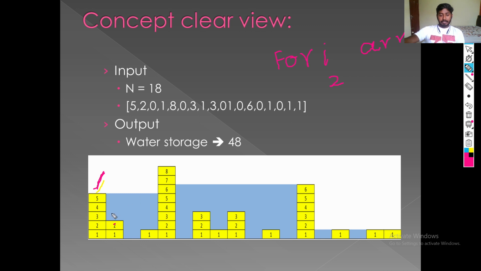For the left max, we need to create another for loop for traversing it, for j of array. Likewise, we have to traverse again to the back, and for calculating the right max we have to do another for loop.